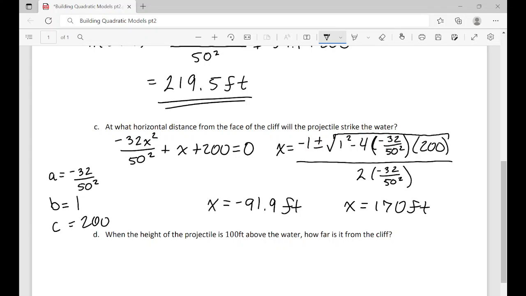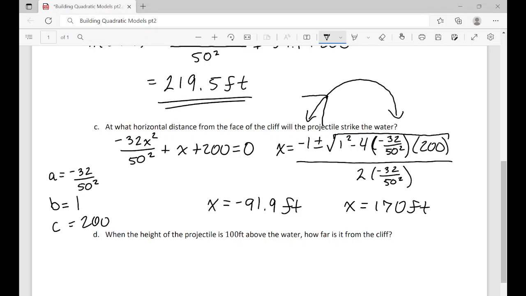Now, at what horizontal distance from the face of the cliff? Well, if we're having a negative 91.9 feet, that means instead of being launched from a cliff face like so, going that way, we would actually be going the opposite direction. Shooting off a cliff goes this way, but a negative distance like this doesn't work.